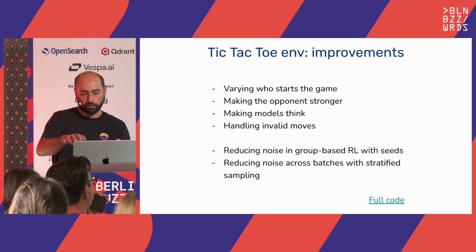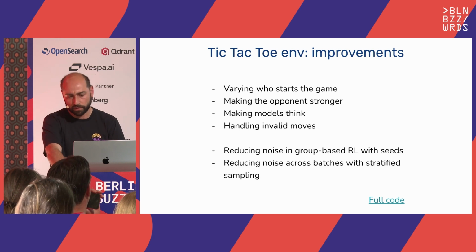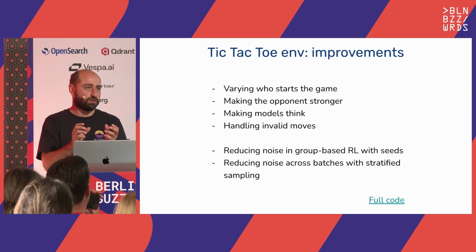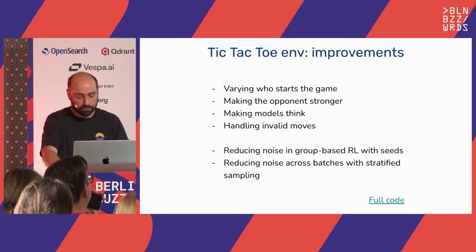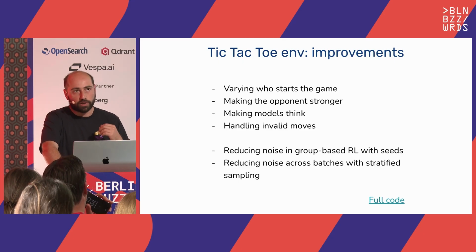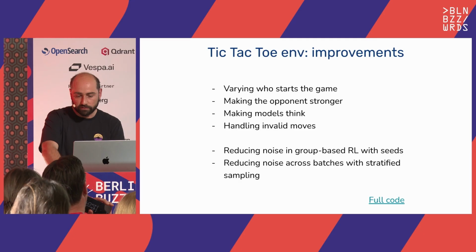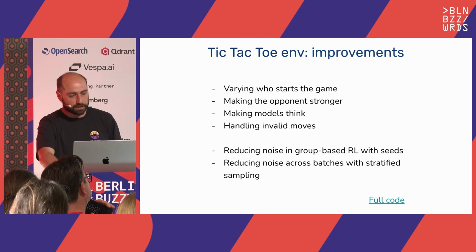So I reduce noise inside groups, but I also try to reduce noise across batches. A batch basically contains the number of games before each model weights update. But to look at this, I recommend checking out the full code in the repo.